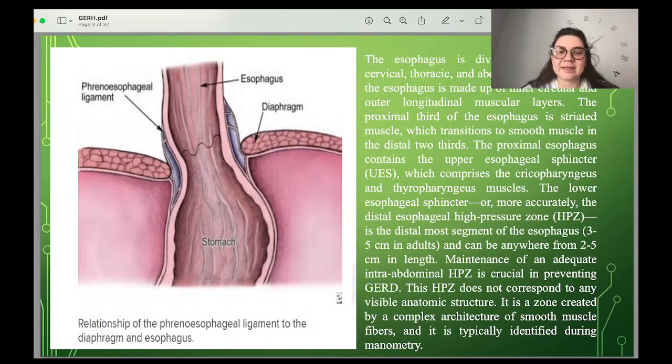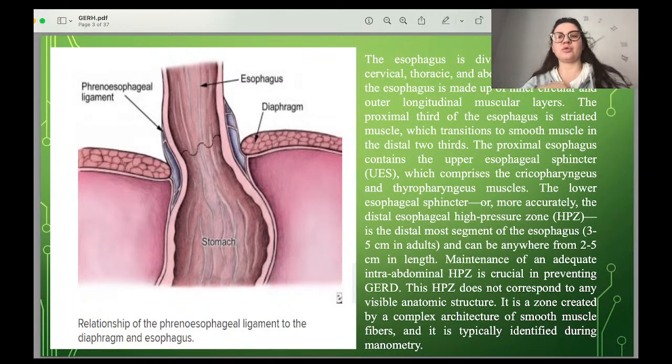Maintenance of an adequate intra-abdominal high-pressure zone is crucial in preventing gastroesophageal reflux disease. This high-pressure zone does not correspond to any visible anatomic structure. It is a zone created by a complex architecture of smooth muscle fibers, and it is typically identified during manometry.